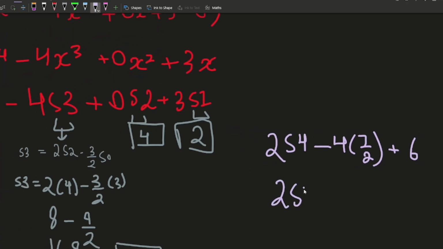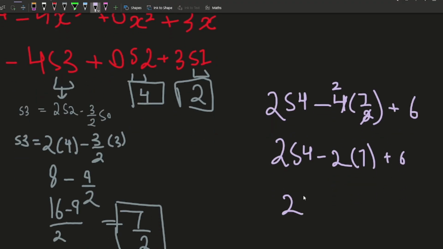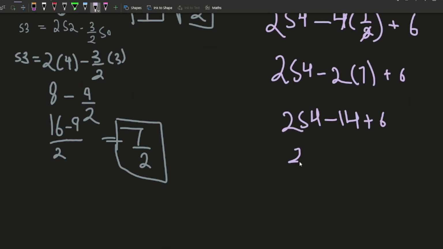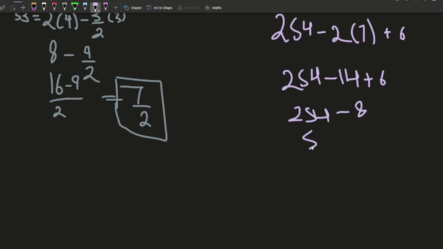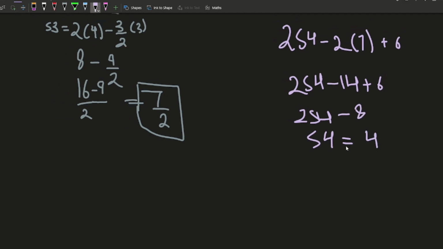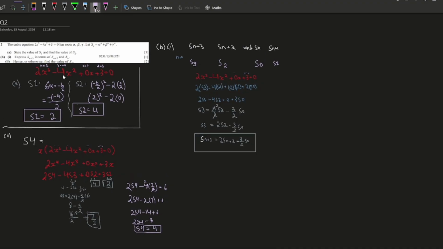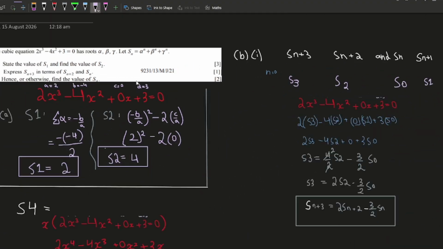So 2S4, 2 and minus 4 get cancelled, 2 is left, minus 2 multiplied by 7 plus 6. So 2S4 minus 14 plus 6, 2S4 minus 8. So S4 will be equal to 4. This is our final answer. So this question was of 6 marks.